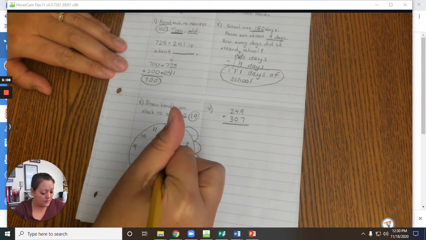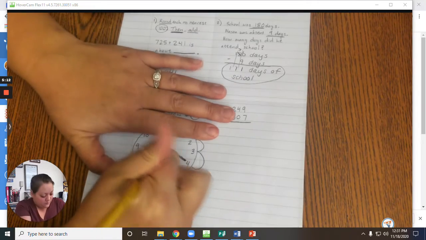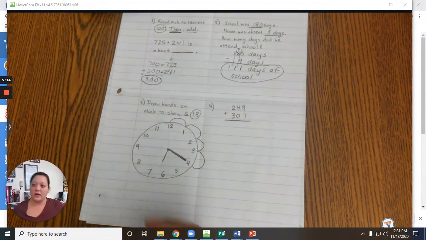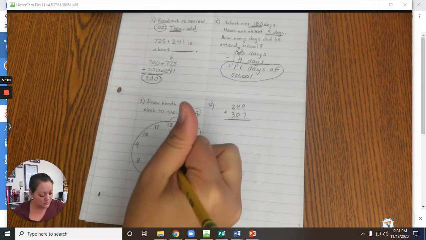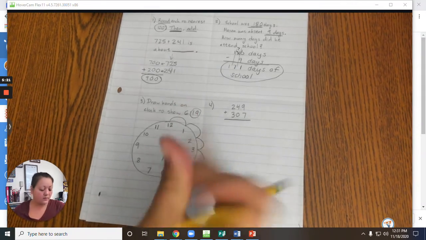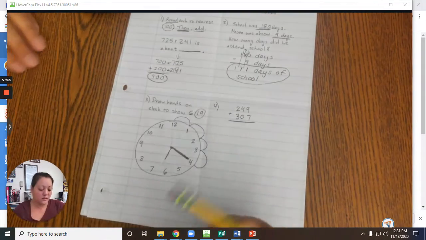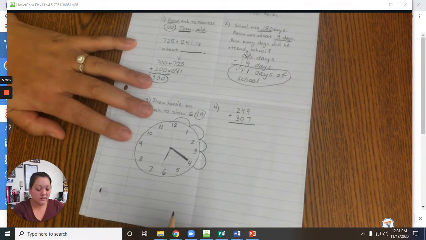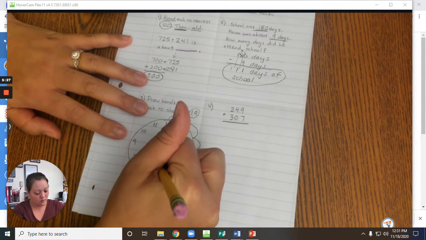But since only 1/3 has gone by, it's going to be closer to the 6 than the 7. And I made my hand a little longer. So, do you see how it's not exactly 6 pointed straight down? Okay, but it's slightly past the 6. So, that is what 6:19 would look like.